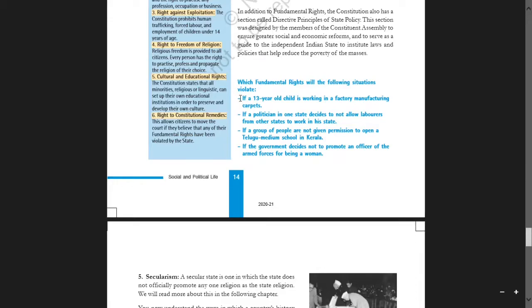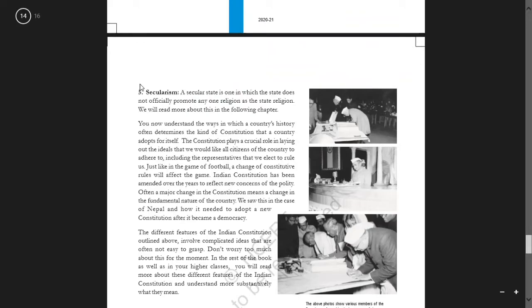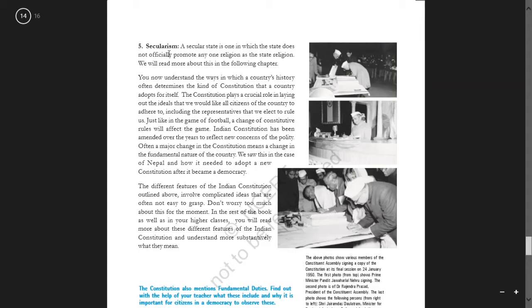Let us proceed to page number 15, the fifth key feature of our Indian Constitution, that is secularism. A secular state is one in which the state does not officially promote any one religion as the state religion. Our India is a secular country.